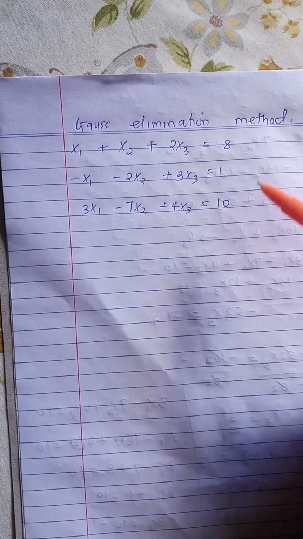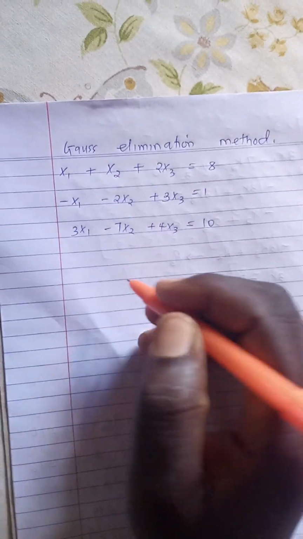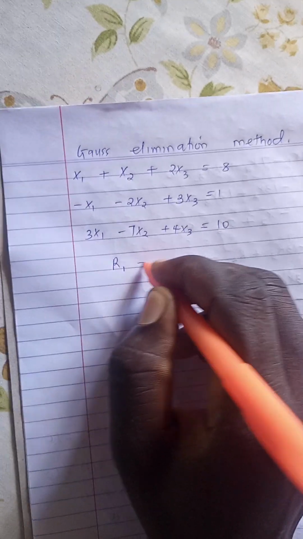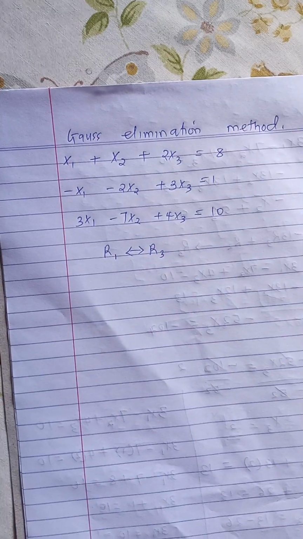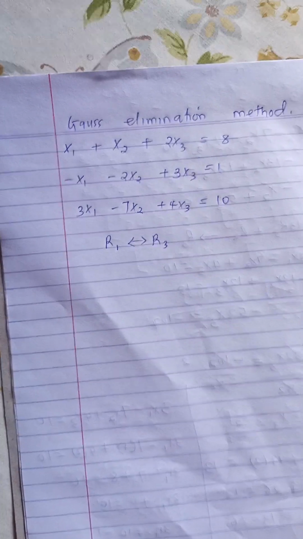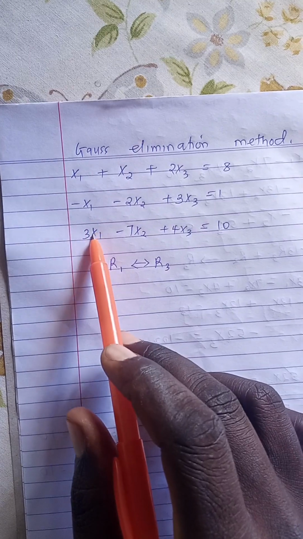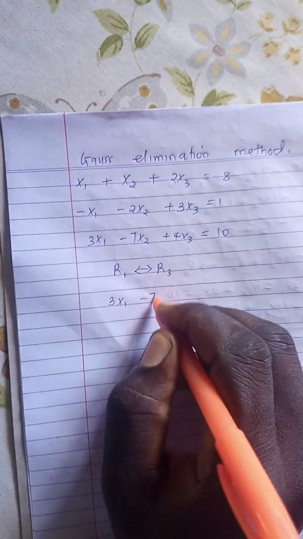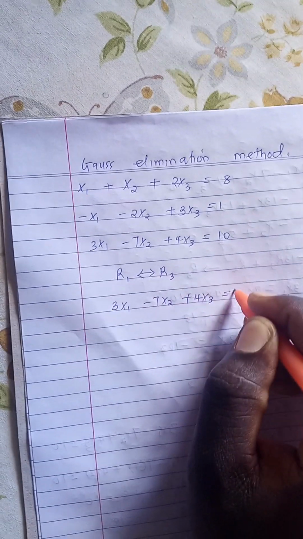So I can say this is row 1 and this is row 3. So I will use rows. That is, let me swap row 1 with row 3. That is the first step that we will take in using the Gauss elimination method to solve a system of linear equations. So I swap row 1 with row 3. So I will have 3x1 minus 7x2 plus 4x3 is equals to 10.